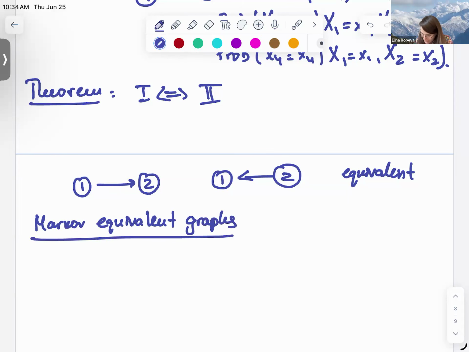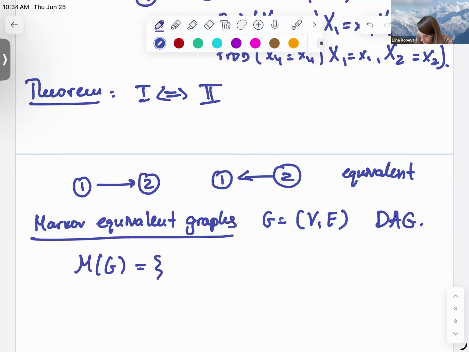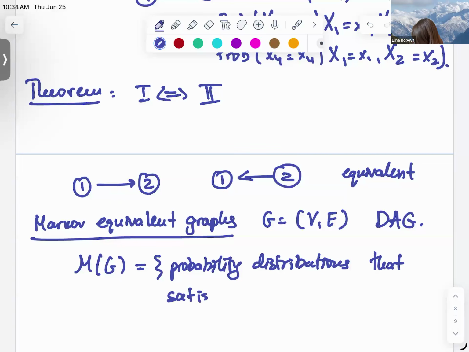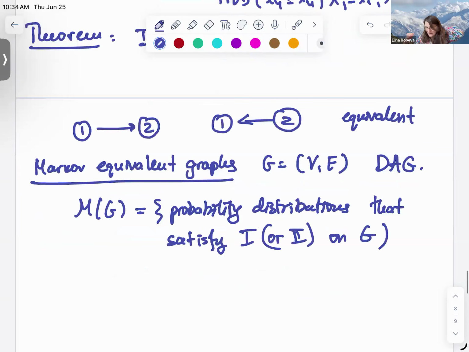And so if G was a graph, let's say it's a DAG, then M_G would be all probability distributions that satisfy our definition, either one or two, it doesn't really matter, the factorization for the graph G. Sorry, so it's important on G. Okay, so this is called our model.